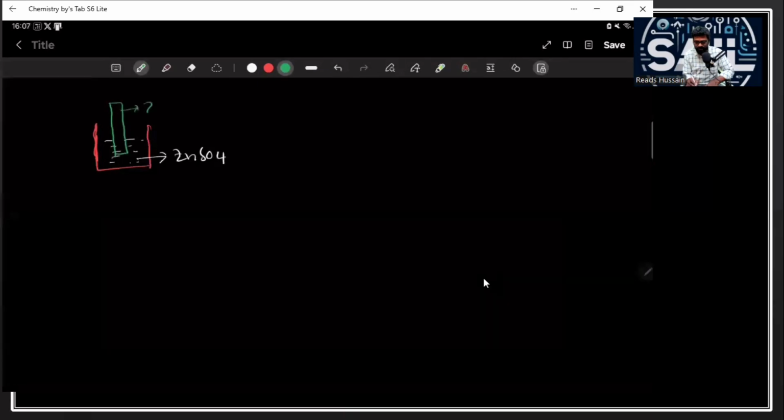This is the zinc metal rod. The zinc metal rod consists of a large number of zinc atoms. Zinc sulfate solution consists of a large number of Zn+2 ions and SO4 ions. Here, if you observe, these zinc atoms are in contact with the zinc sulfate solution.